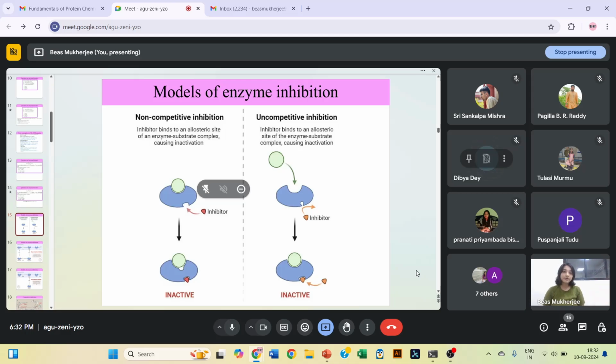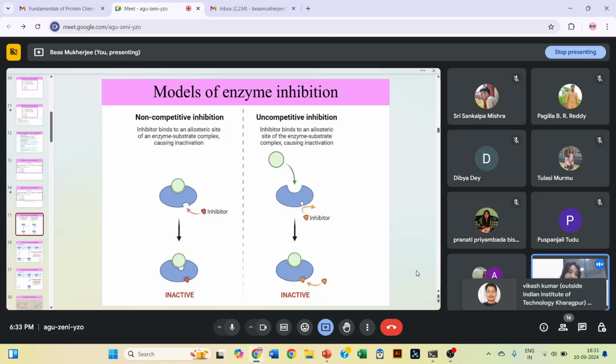Right. So what happens in competitive inhibition is that the inhibitor looks very similar to your substrate, and the inhibitor goes and binds to the substrate binding site of the enzyme. That happens in competitive inhibition. But then what happens in non-competitive inhibition? So non-competitive inhibition is a very special kind of uncompetitive inhibition.